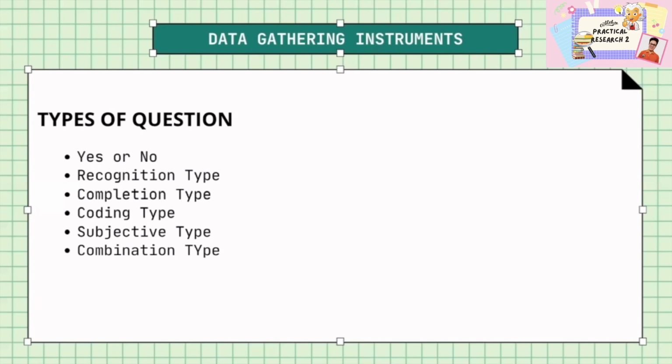For recognition type, there are alternative responses provided, and the respondent will simply choose among the given choices. It may also contain close-ended questions.